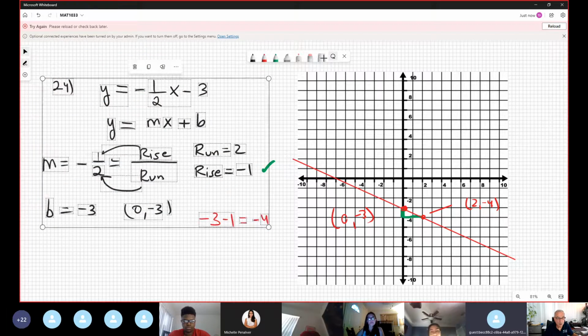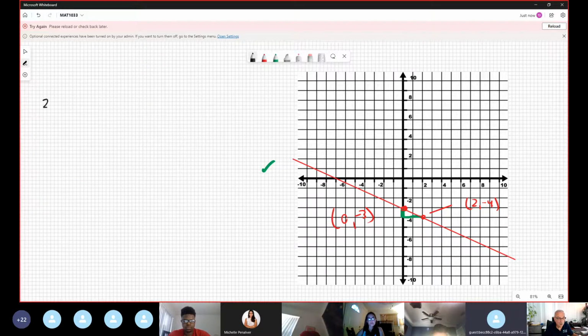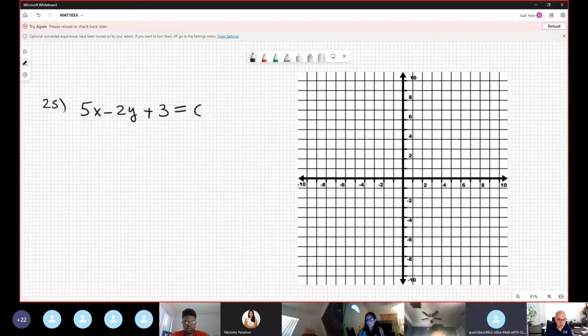Okay, 25. 25 asks exactly the same question, but now the same idea, no? The only thing that changed is the way the equation gets expressed. In this case, weird, because the right hand side is 0. But it's okay. We are talking about slope and y-intercept.